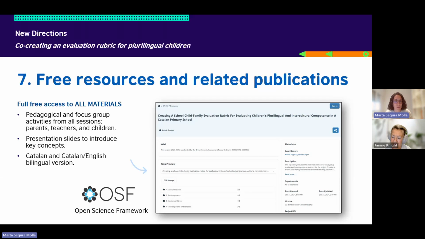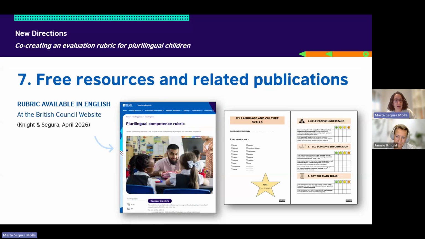These are all available in Catalan and English versions on a repository that's called Open Science Framework. They are stored in different folders for each of the sessions. You can also find the rubrics there, and the English version on the British Council website has also been made available as of last month, so that's there.